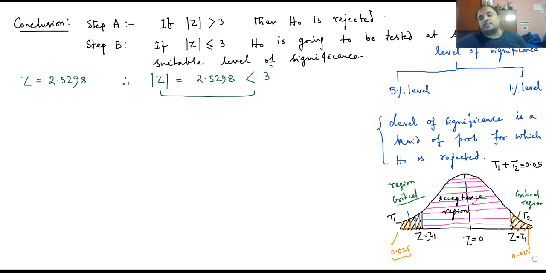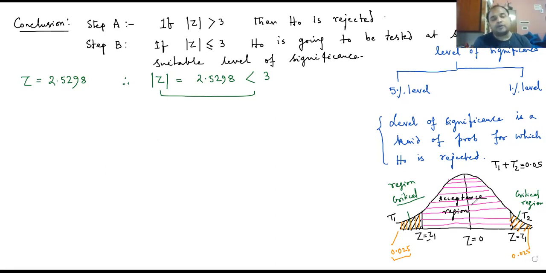Now, if the rejection region's probability is the level of significance, which is denoted by alpha, the acceptance region always gives you the confidence interval. How confident you are that your data is going to fall inside the acceptance region.